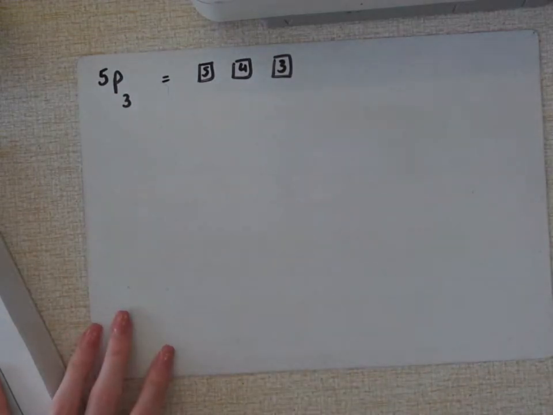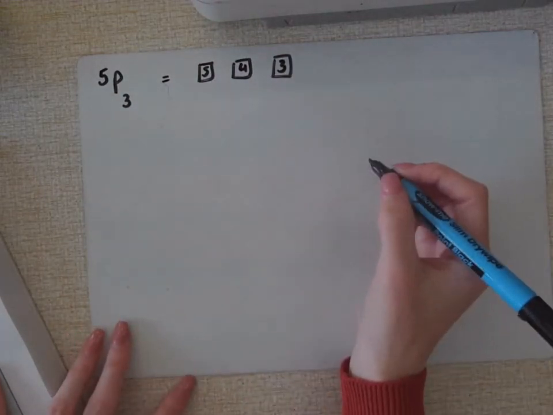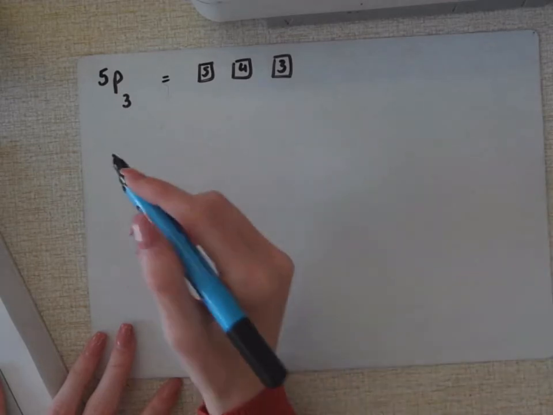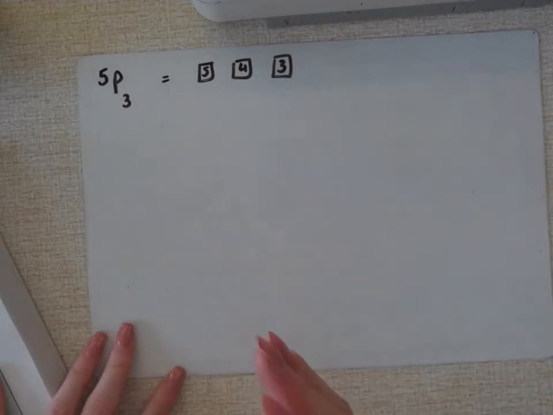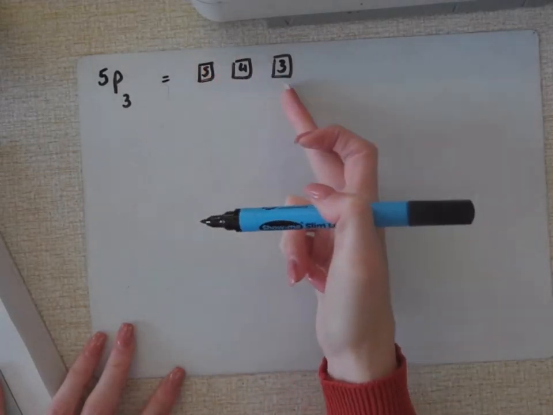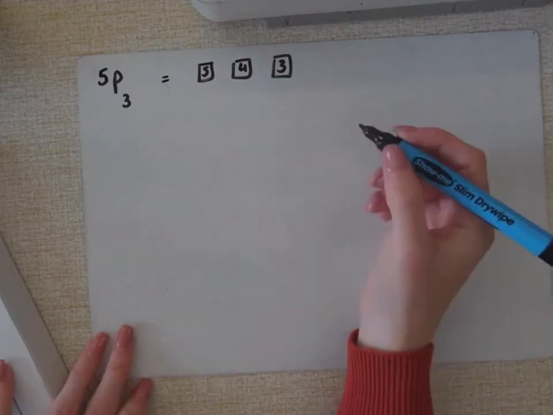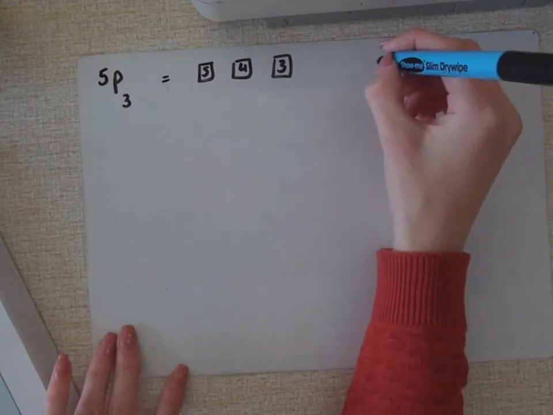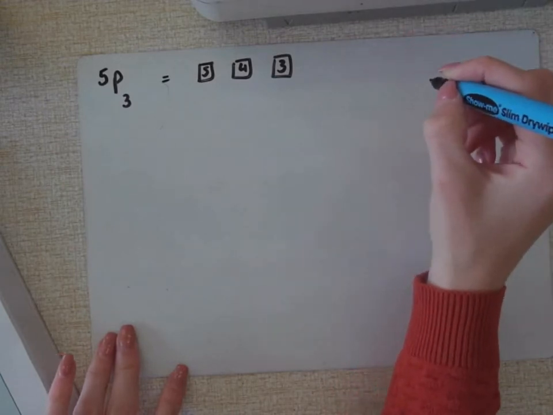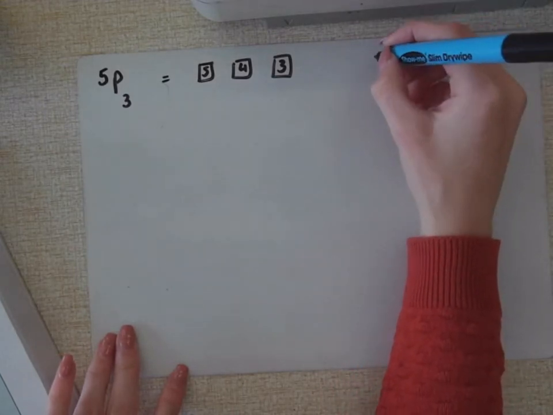Now, 5P3 means start at 5 and go down 1, 2, 3. That's what 5P3 means. Now, you don't need to learn it off, but I just want to show you.